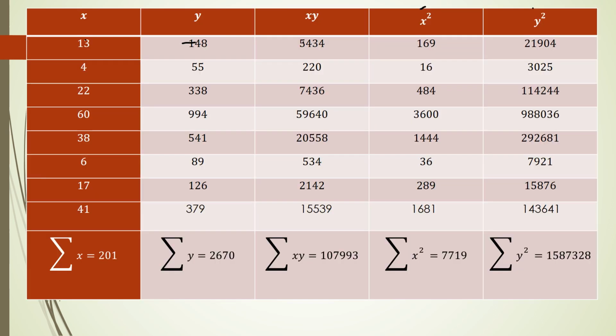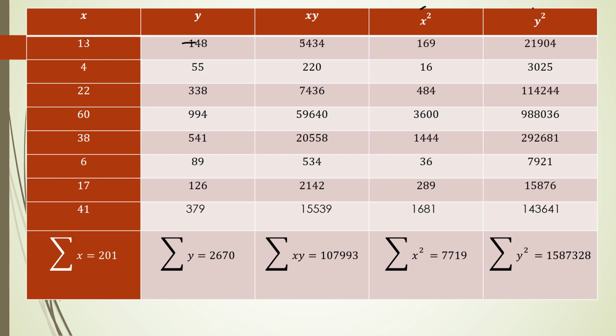Now dear student, in this slide we have 5 columns. In the first column, all the values of x are here. In the second column, we have the values of y. In the third column, we have x multiplied by y.